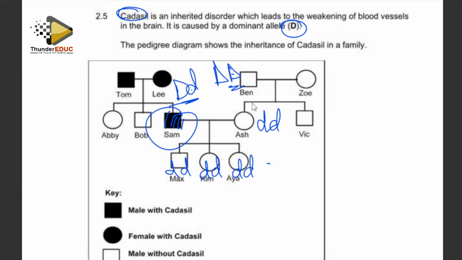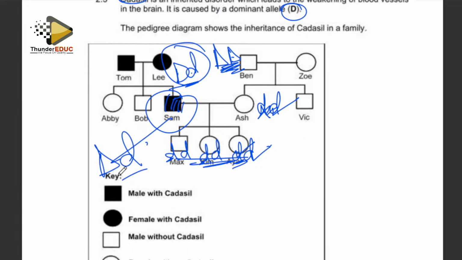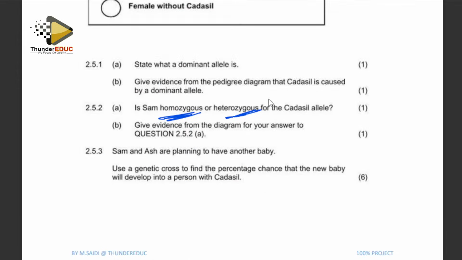So if one child's small d came from Ash, the second small d can't come from the mother, it will come from the father. If Sam were capital D capital D, I wouldn't be able to get the second small d. Then automatically Sam is capital D, small d, because of the babies. Guys, you must always look at the babies. So Sam is heterozygous for the condition.